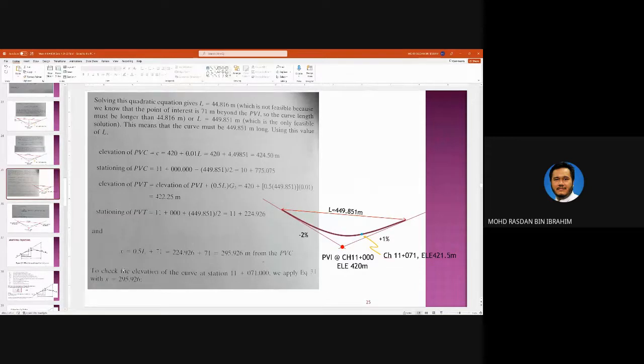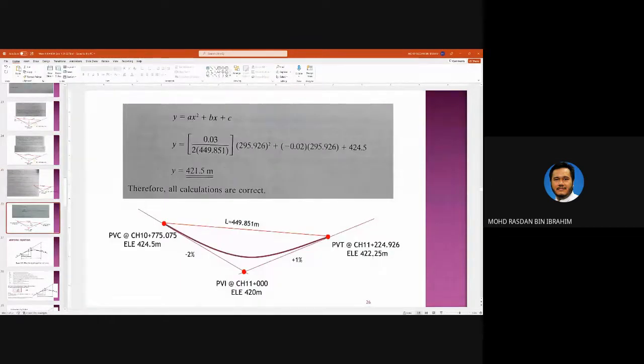So check the elevation so that you get the same value of X here, 295.926, using the equation. You check back, you get the Y is 421.5 meters. Therefore, the calculations are correct.